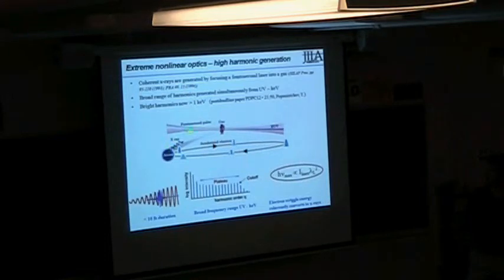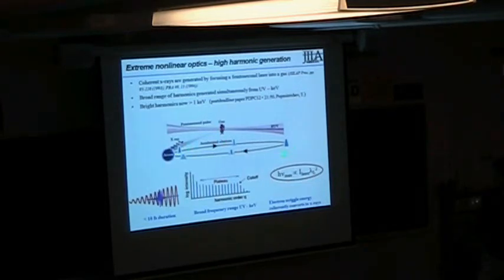And the way that works is, as we focus this intense pulse into the noble gas, the intensity is high enough to rip electrons out of a noble gas atom, which then we have this electron propagating in free space, but it sees this very intense laser field, and it actually accelerates away from the atom, but then when the field switches signs, it accelerates back towards the atom, and there's some chance that it's going to recollide with the atom.